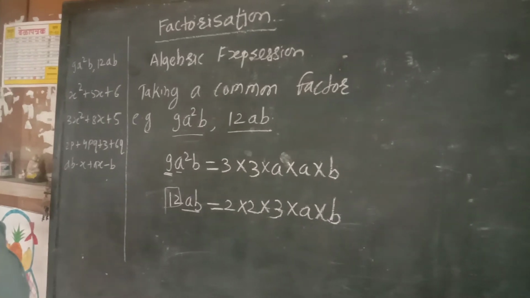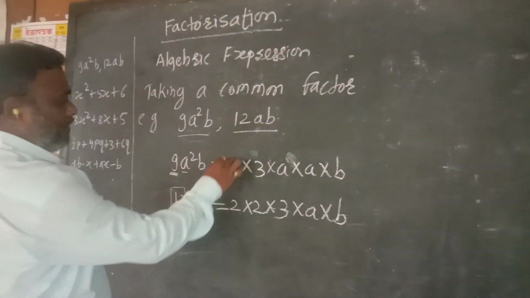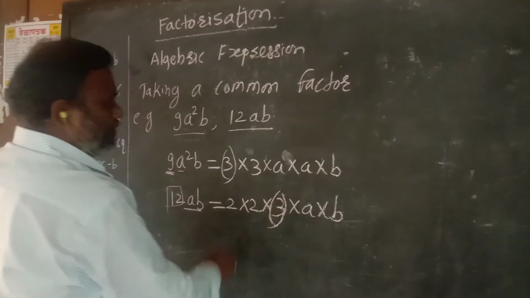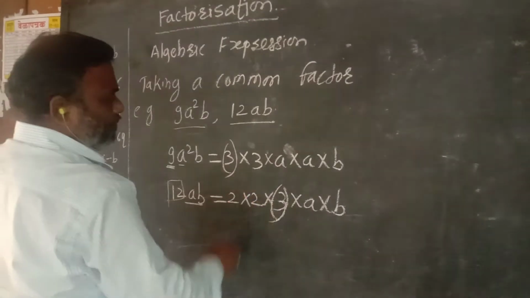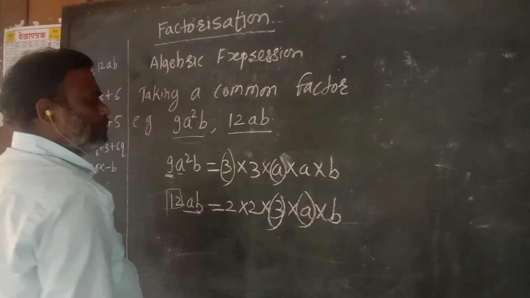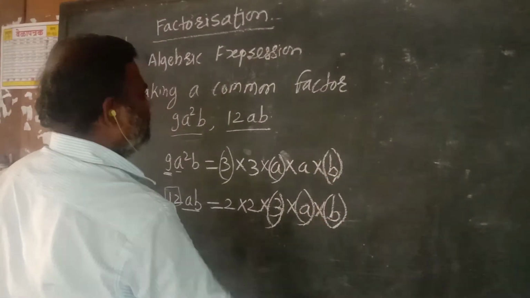Now we have to find the common factors first. Here 3 is common. Here also 3. Now we have a here and a here also. Similarly we have b and b.